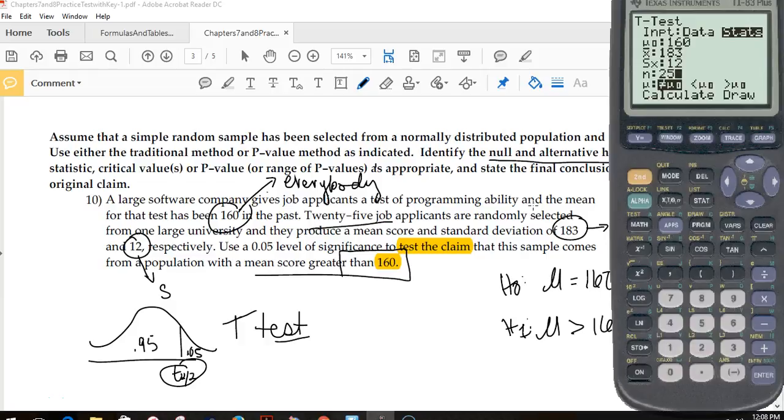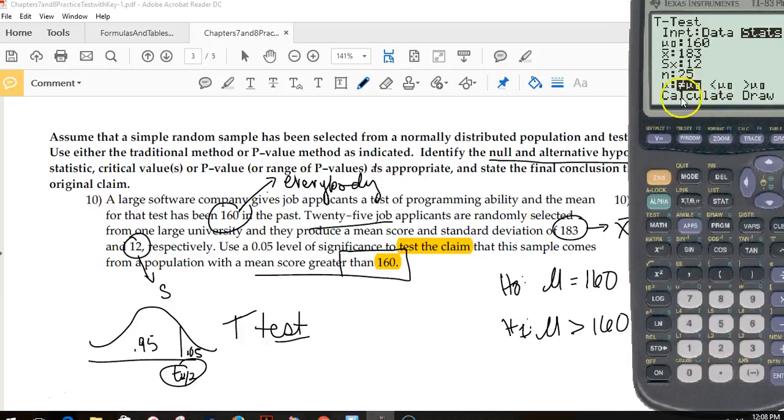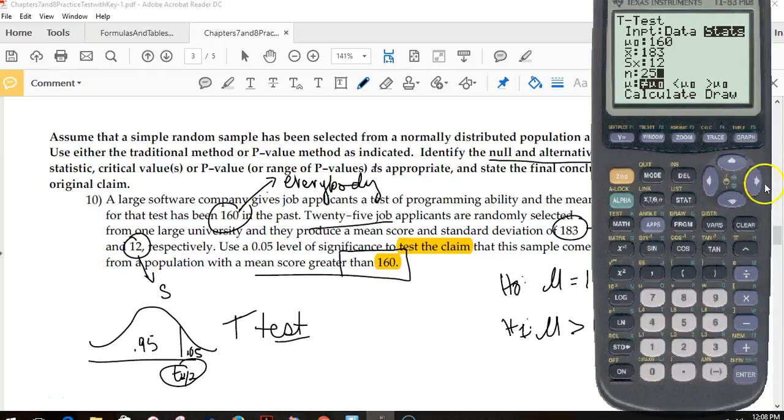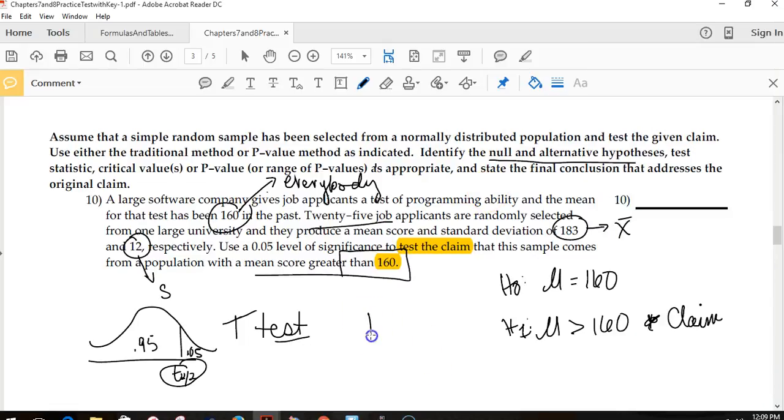I had 25 applications, and then I'm going to match the symbol in this row to whatever is in my alternate, and that is a greater than, so that's the last one. I'll scoot over that, hit enter, and then hit calculate, and I have my test statistic of 9.58, which is huge.